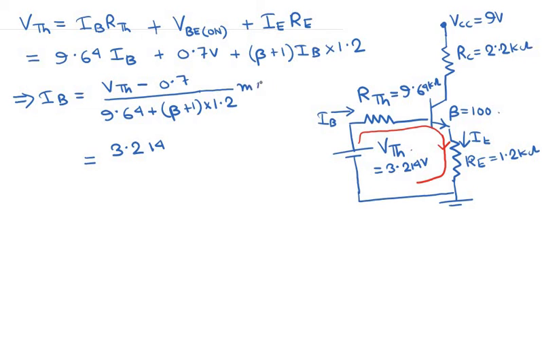So this is in milliamperes: 3.214 minus 0.7 divided by 9.64 plus 101 into 1.2. Okay, and this is equal to 0.0192 milliamperes.